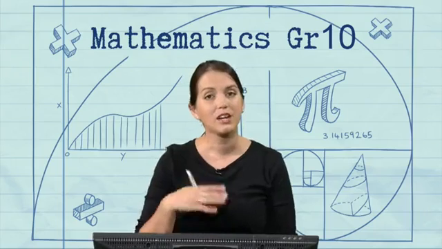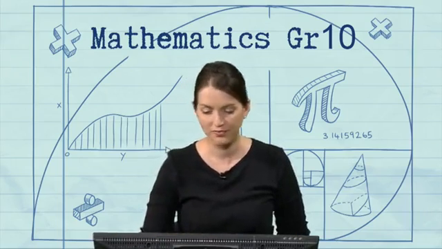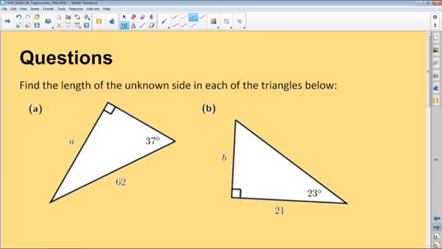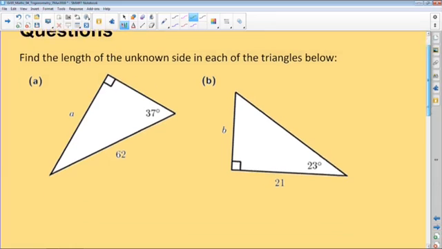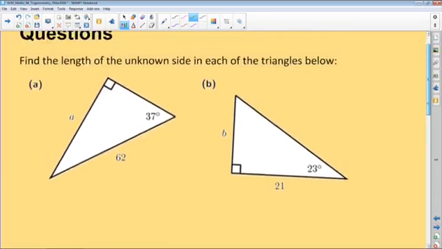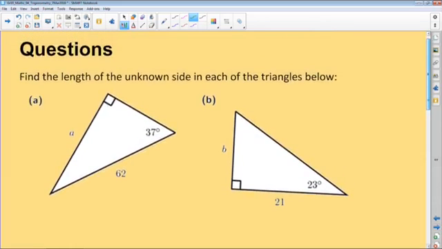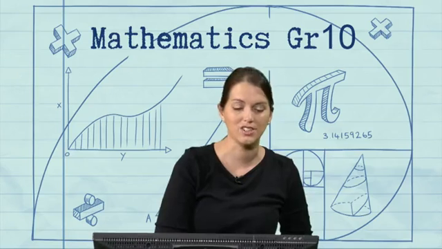Okay, so now we're going to look at the next question. These are a series of triangles, and we're going to start just with A and B. I'm going to give you a minute to draw them and then attempt them. On your marks, get set, go.